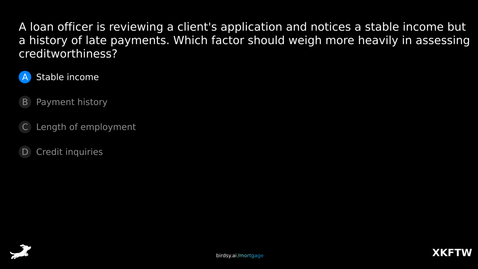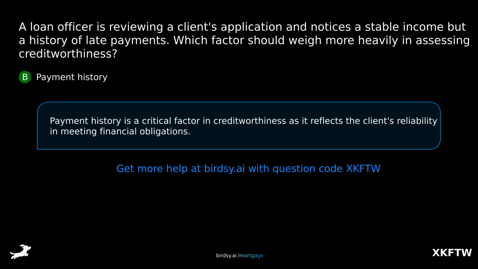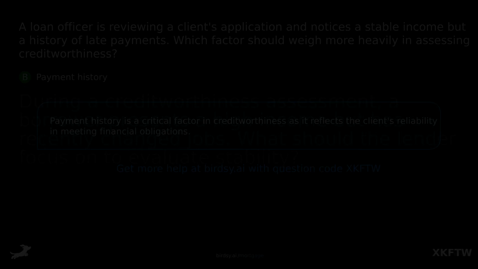Is it A, stable income, B, payment history, C, length of employment, or D, credit inquiries? The answer is B, payment history. Payment history is a critical factor in creditworthiness as it reflects the client's reliability in meeting financial obligations.